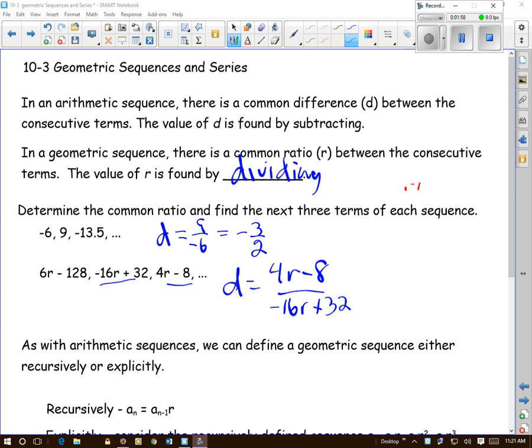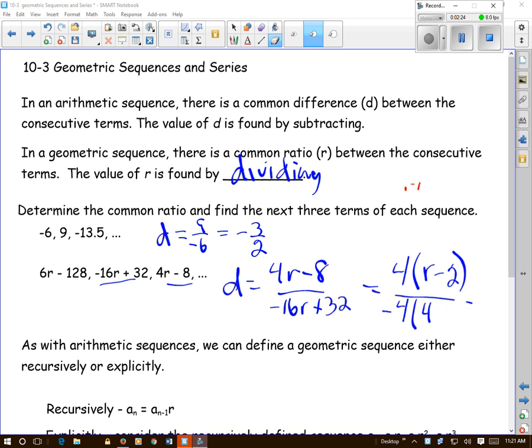Well, we don't want an answer that looks like that. What do we do with that? Factoring can help us here. So we have 4 times the quantity r minus 2, over, let's factor out a -4 here, -4 times the quantity 4r minus 8, because we're factoring out the -4.